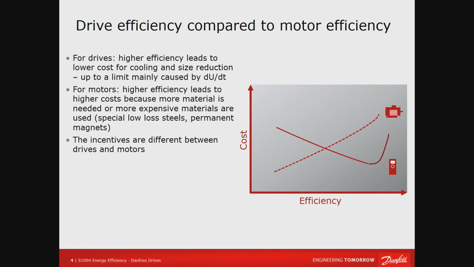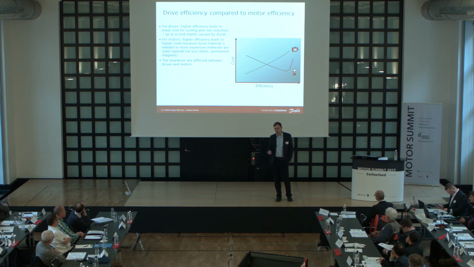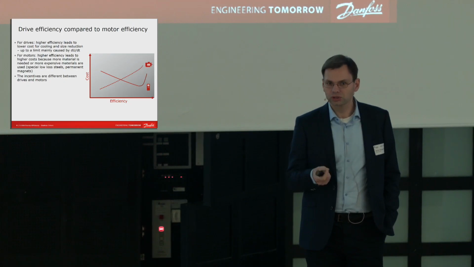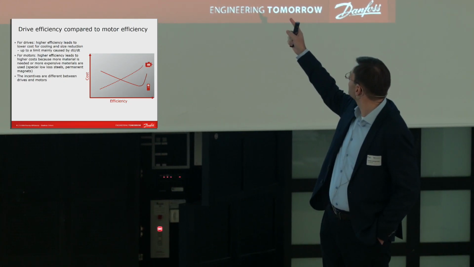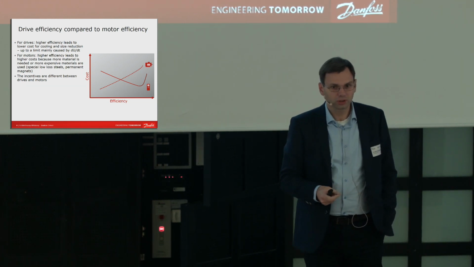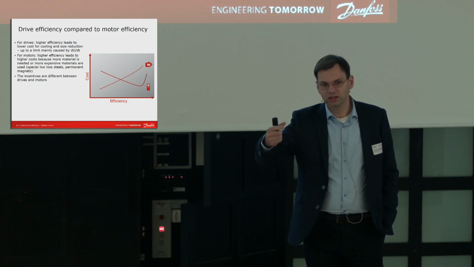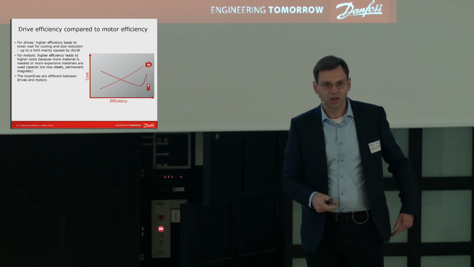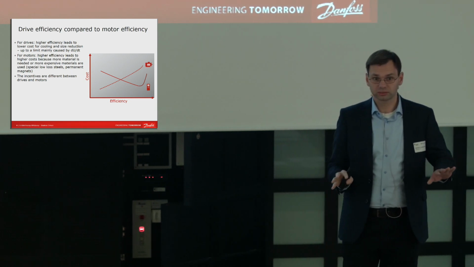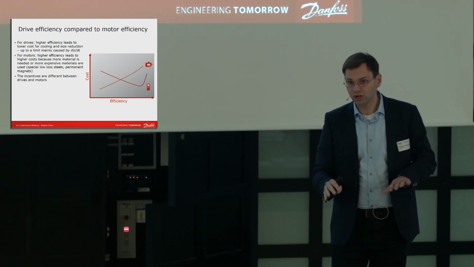So the physics of the loss in power electronics is different from the physics of the loss in motors. In order to make a more efficient motor, you need to put in more material or more special materials. So that means the cost for a motor increases with higher efficiency. For drives, up to a certain limit, the cost drops.